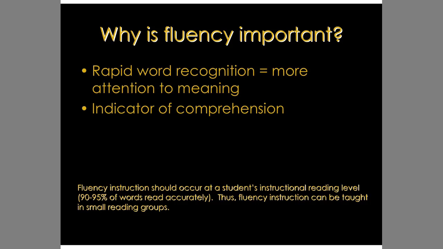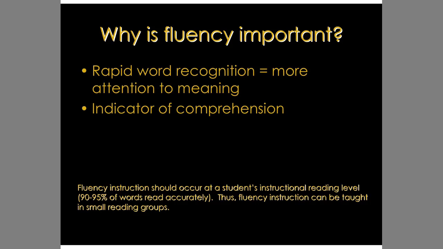And when we teach students, or when we instruct students in fluency, that instruction should come at the student's instructional reading level, meaning you should be using texts for fluency instruction that students can read with about 90 to 95% accuracy.